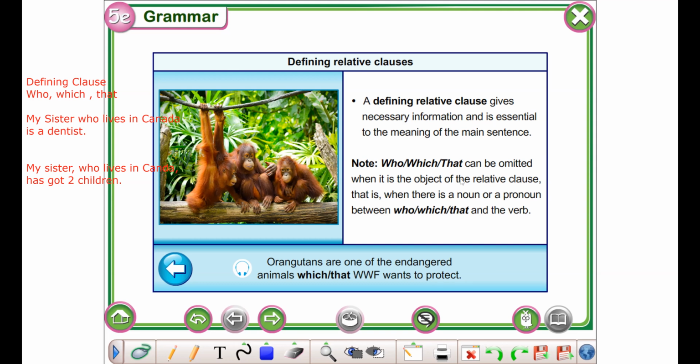Note who, which, that can be omitted when it is the object of the relative clause. That is when there is a noun or a pronoun between which, who, that and the verb.